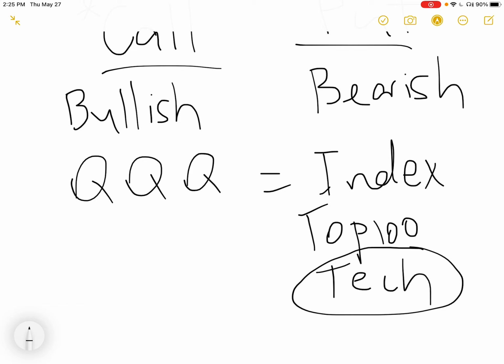Even if it's more volatile than the S&P index, which has the top 500 companies in the market, it actually protects you from the random moves of a single company.